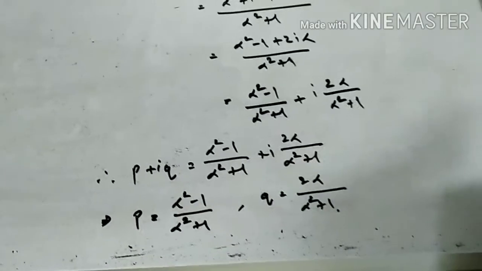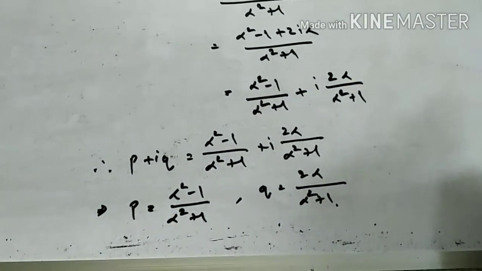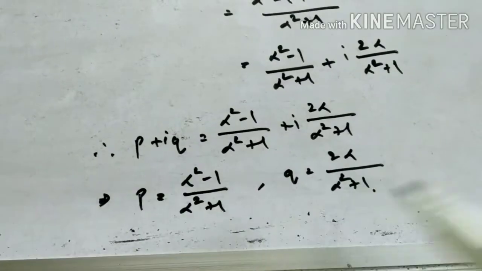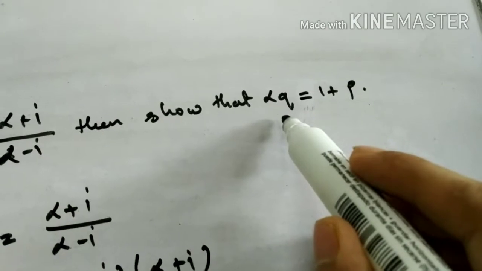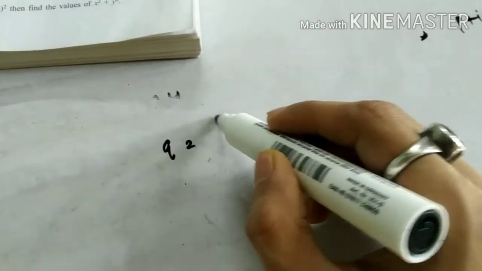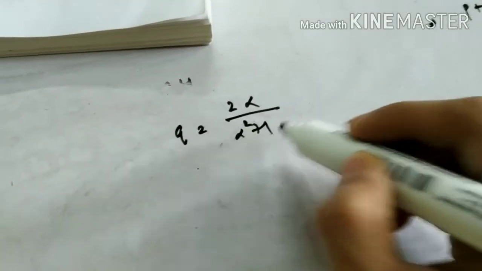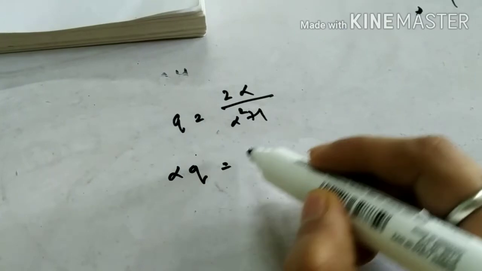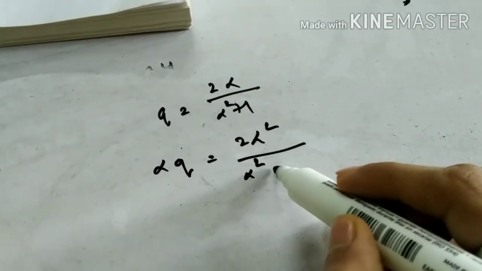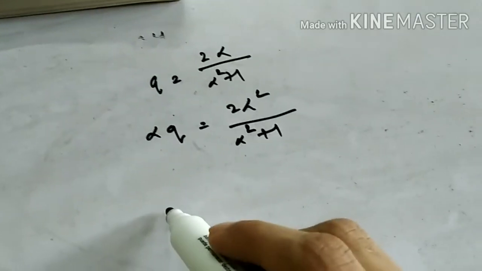Okay. So now you see I have to prove that alpha q is equals to 1 plus p. So q is equals to 2 alpha by alpha square plus 1. So alpha q, it will be 2 alpha square by alpha square plus 1.